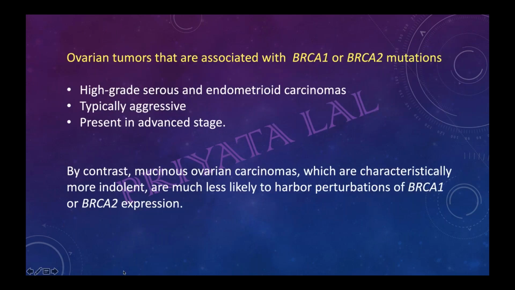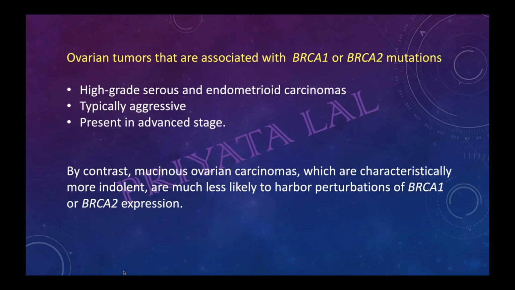Now, what type of tumors are associated with BRCA? Usually they are high grade serous or endometrioid carcinomas. They are typically aggressive, and usually the patient presents in the advanced stage. By contrast, mucinous carcinomas are less likely to be associated with BRCA.